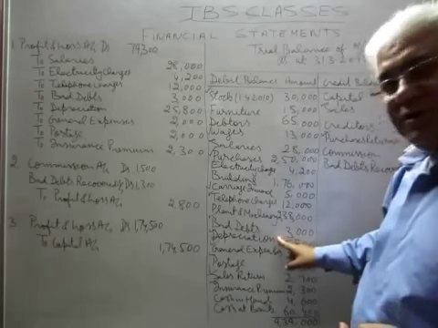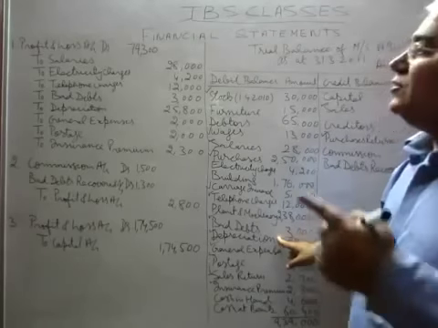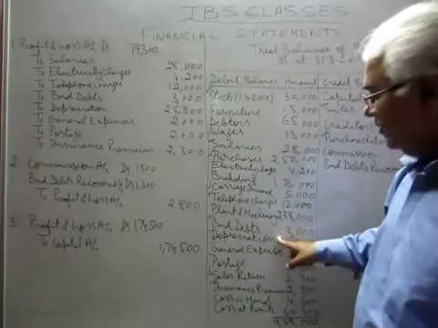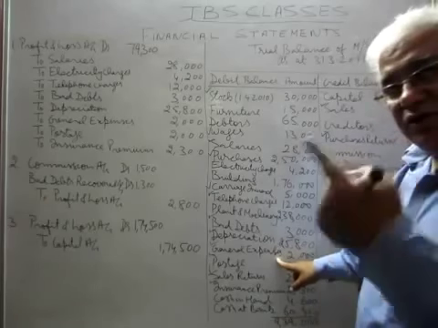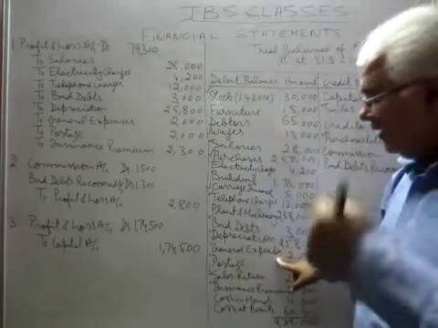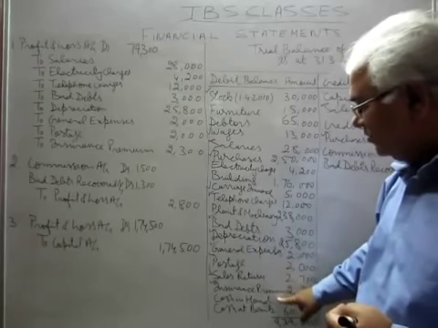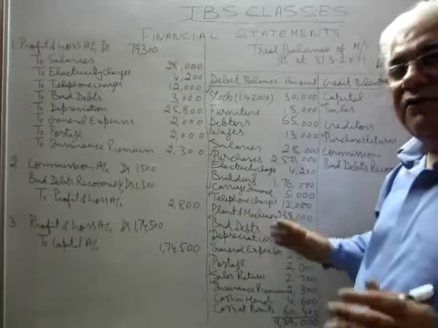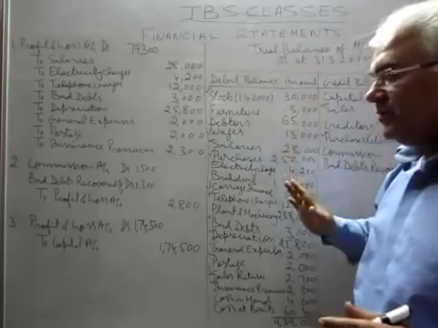Okay. Then depreciation. You know what depreciation is. Okay. So this account will also be closed to profit and loss account. Then you have general expenses. Similarly, it will be closed to P&L account. Then postage and insurance premium account. All these are expenses which are of indirect nature, and will be closed to profit and loss account.